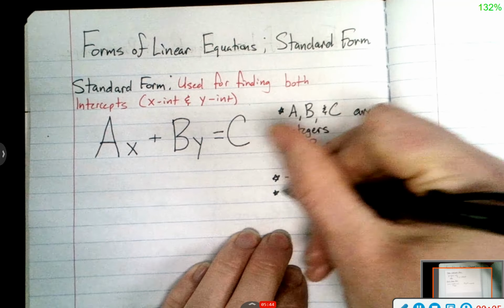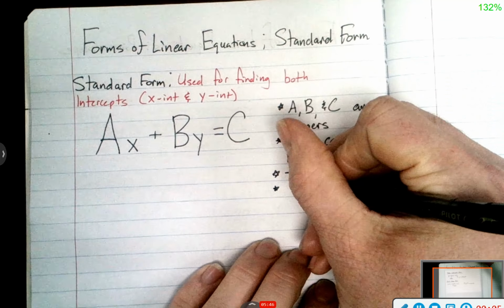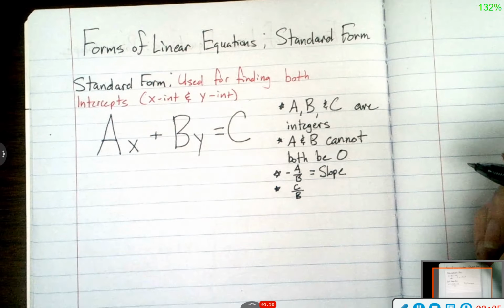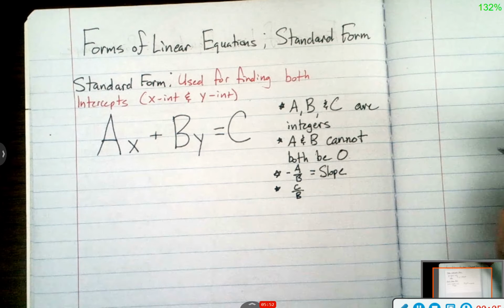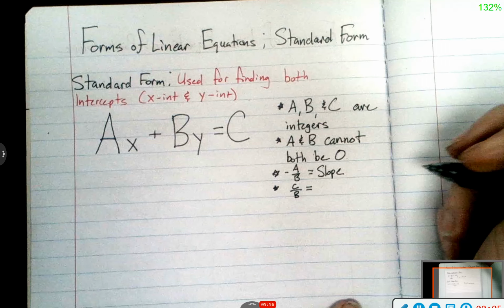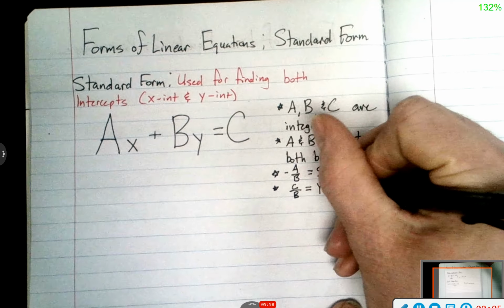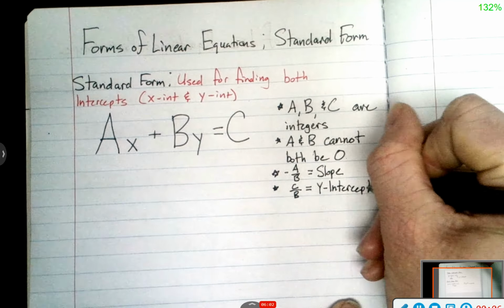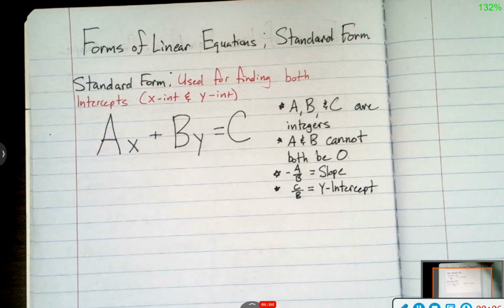Another trick to help you find the y-intercept, again, I highly recommend that you learn how to rewrite this equation in slope-intercept form. But if you take C divided by B, that'll tell you your y-intercept. So you can get the information that's useful for the line out of this equation. It just takes a little bit of work.